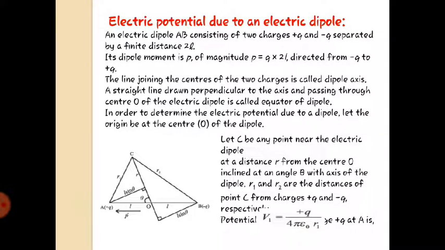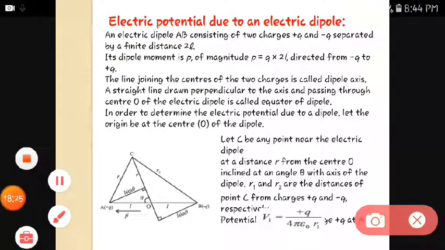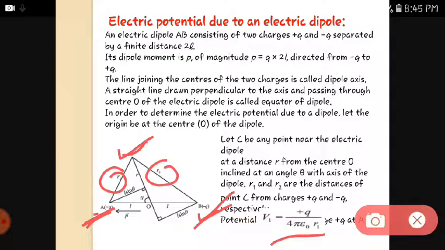Now we are going to find out individually the potential at C due to A and the potential at C due to B. For A, it will be 1 by 4 pi epsilon 0 into plus Q by R1, obviously, because the distance is R1. Due to B, it will be 1 by 4 pi epsilon 0, but it is minus Q divided by R2.